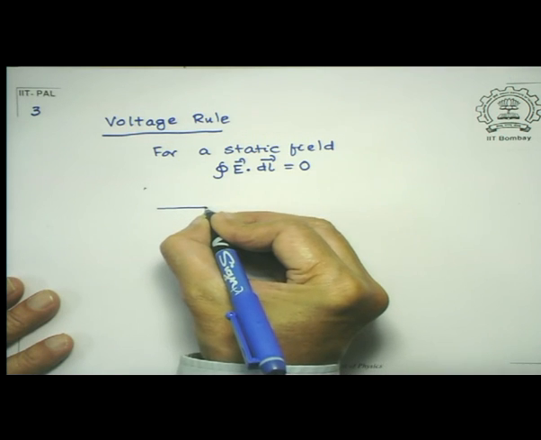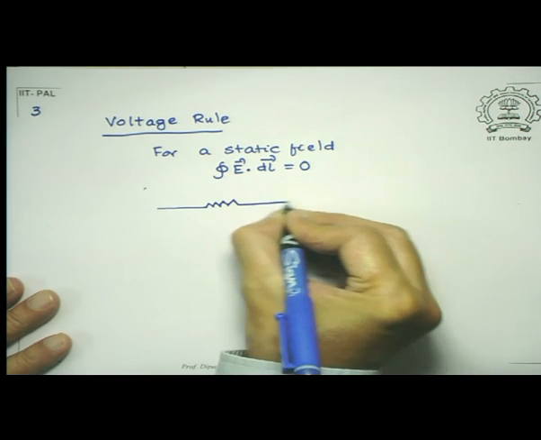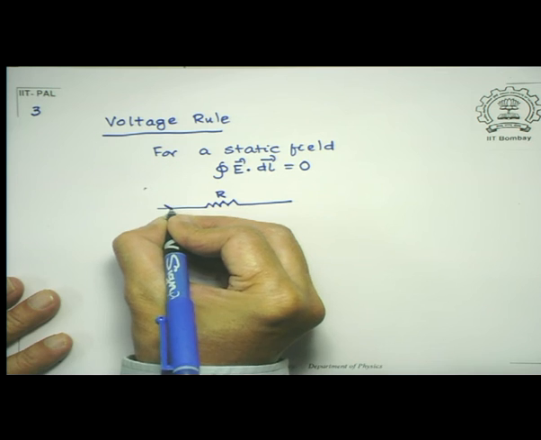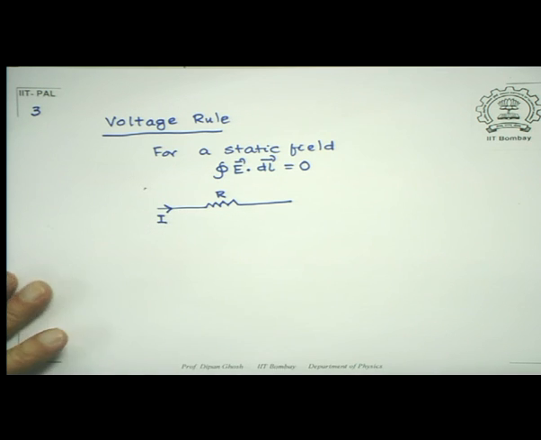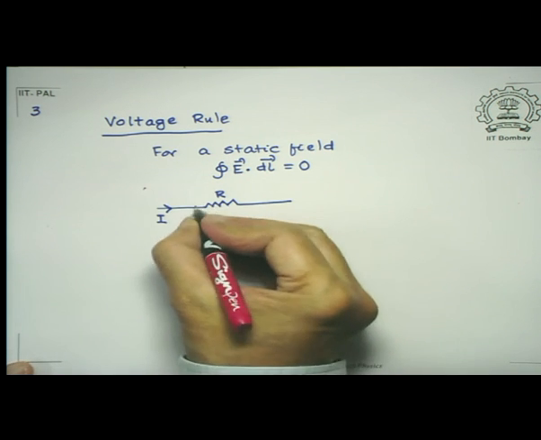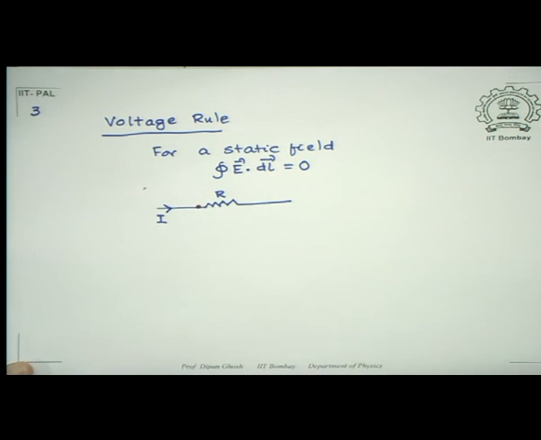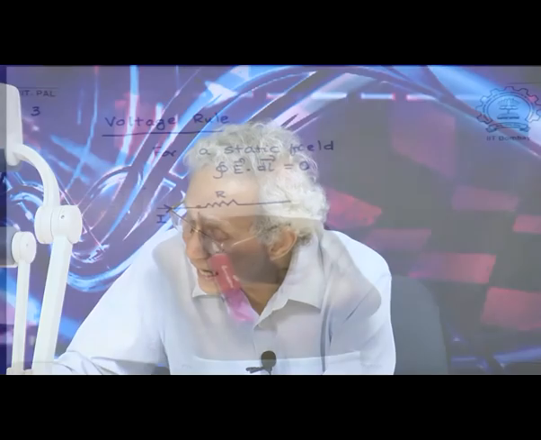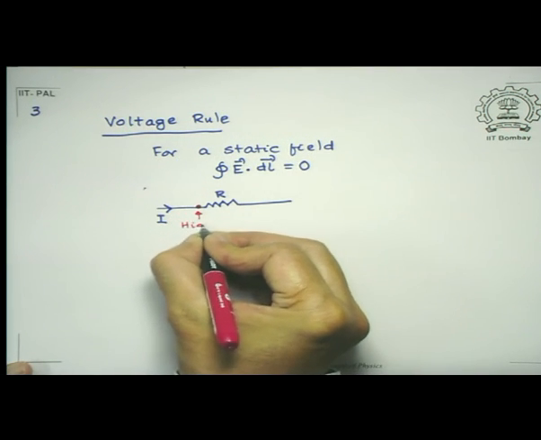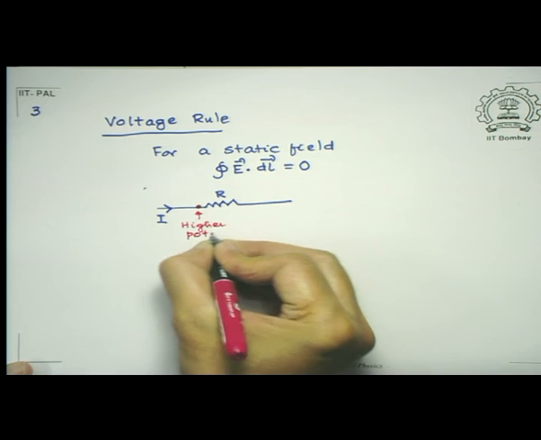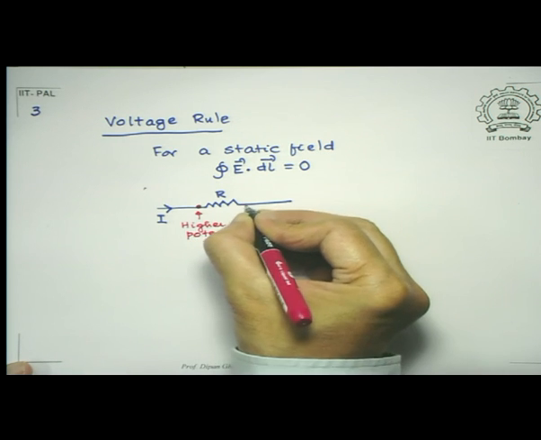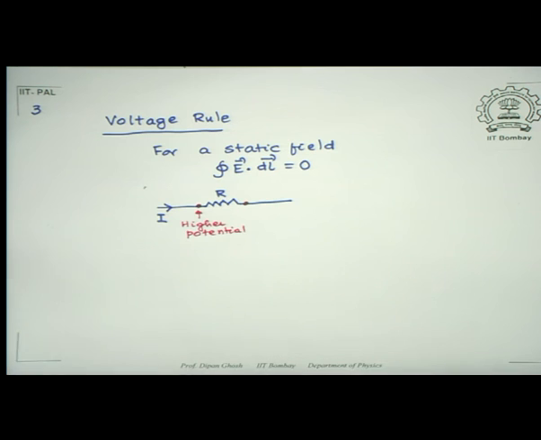So let me look at this. Supposing I have a current which is flowing through a resistance, and suppose the current is entering in here. The end of the resistance where the current enters, remember current is the direction in which the positive charges move, so therefore this is at a higher potential. And at this point where the current is moving out, that's at a lower potential.